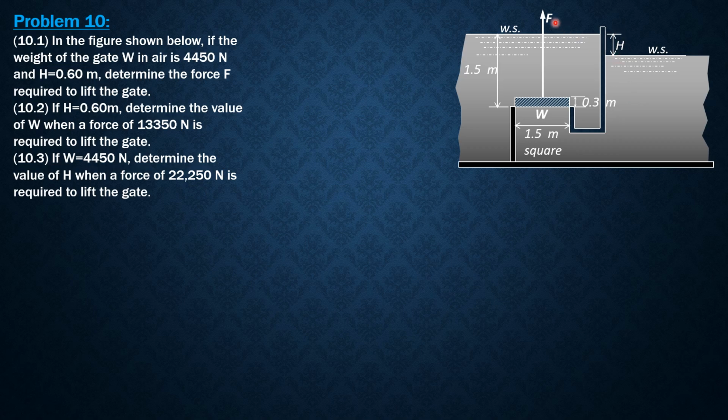So this is H, this is the force required to lift the gate. The weight of the gate is denoted by W and it is 4,450 in the first question, and in the second question it is unknown.